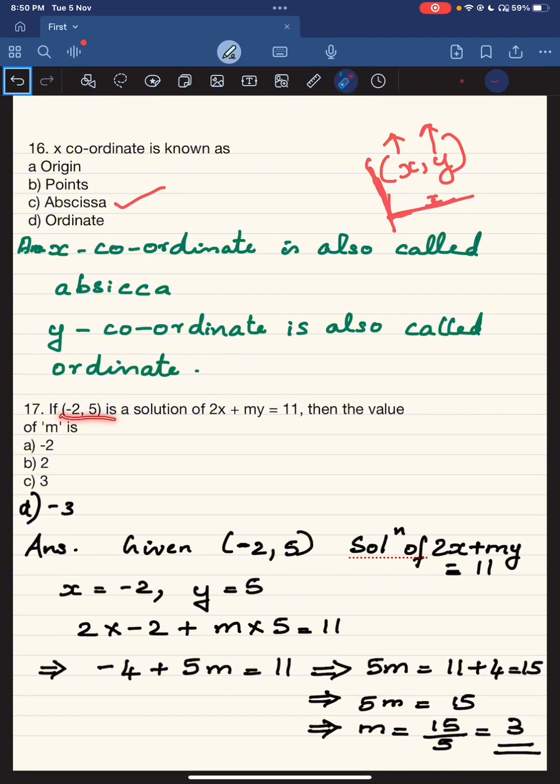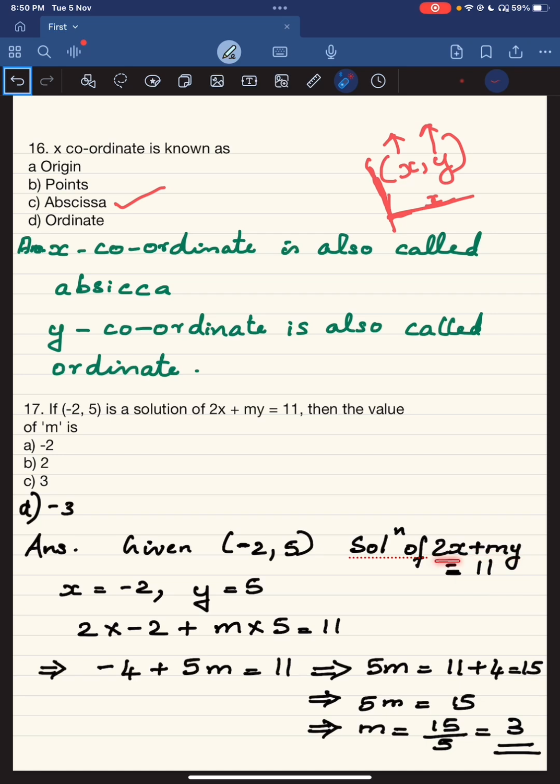If (minus 2, 5) is a solution of 2x plus my is equal to 11, then the value of m. They gave that (minus 2, 5) is the solution of 2x plus my is equal to 11. We have to find the value of m. So we can substitute x equal to minus 2 and y equal to 5 in this equation, 2x plus my is equal to 11.